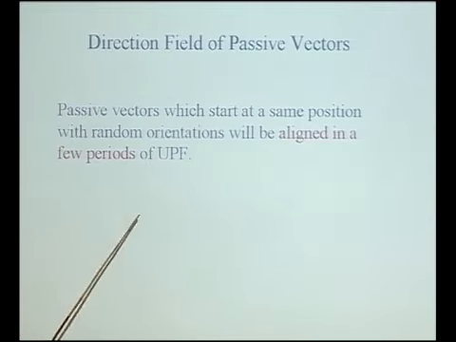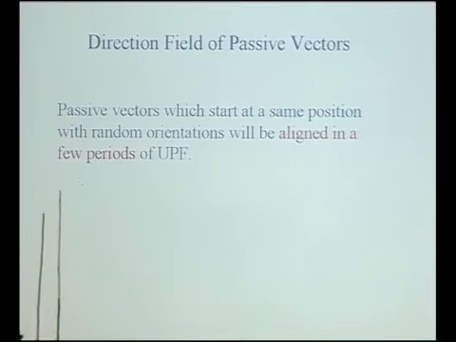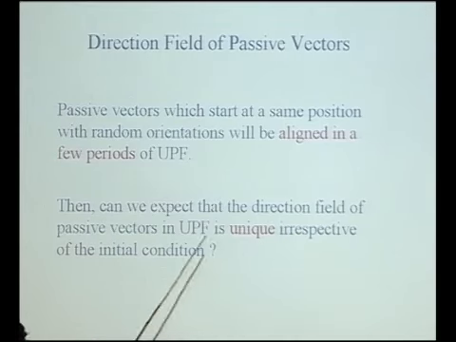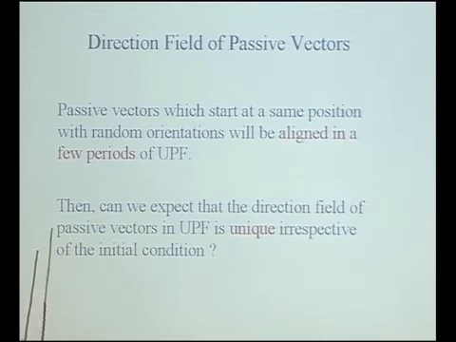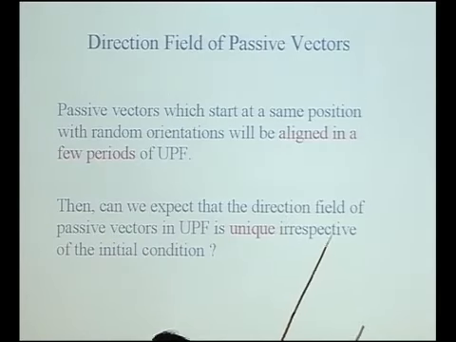If we decrease the threshold, we see similar behavior. So passive vectors which start at the same position with random orientation will be aligned in a few periods of the UPF.